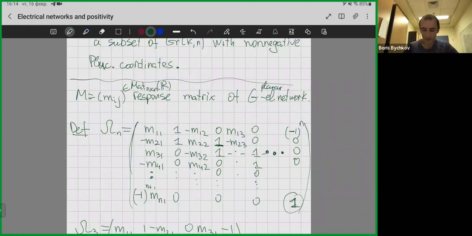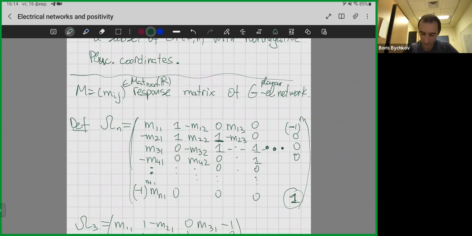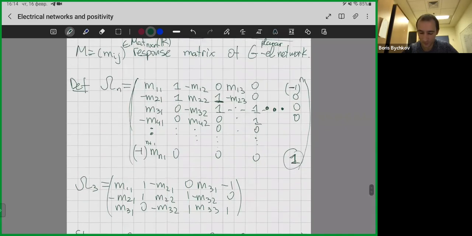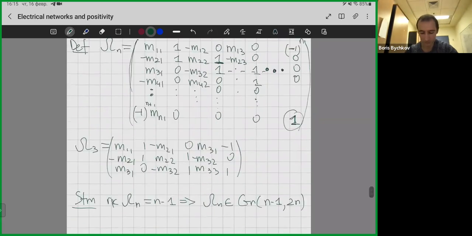So we start with a planar electrical network and obtain a point of the Grassmannian n minus 1 to n. If you want, I could say we have an embedding of the space of electrical networks into the Grassmannian n minus 1 to n.